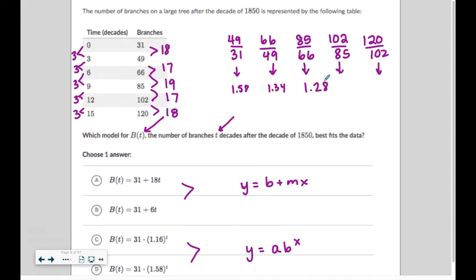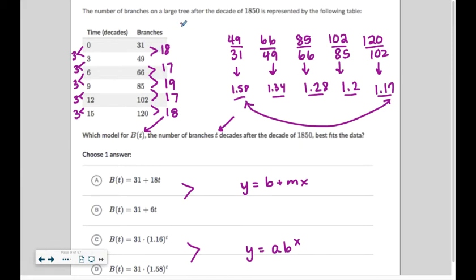So these are actually going down, but they're not even close, really. 102 divided by 85 gives me 1.2. And 120 divided by 102 gives me 1.17. Okay, so look at those. Those are not necessarily close ratios. They're very different. There's a difference of almost 30% there.